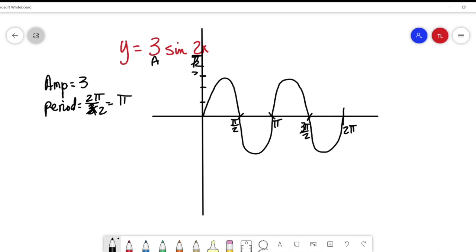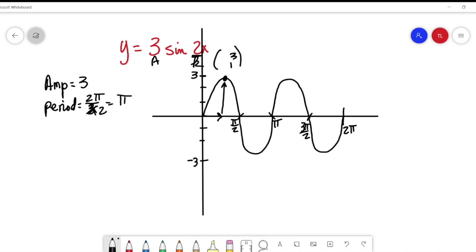Now, the amplitude is what? 3. So the highest point is 3. So what is the coordinate there? How far out did you come? How far up did you go? Well, we went up 3, but how far out did you go? No, that'd be half of pi over 2.